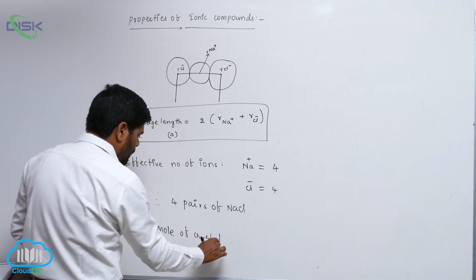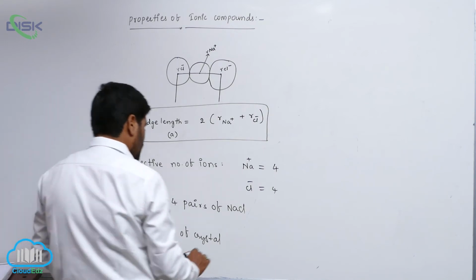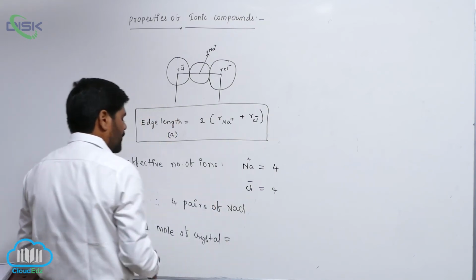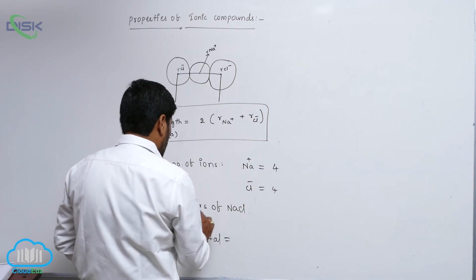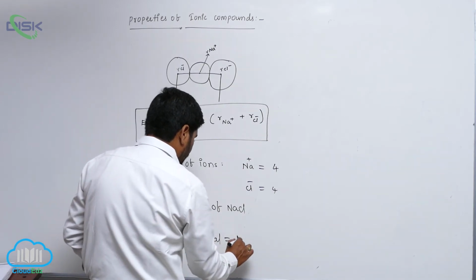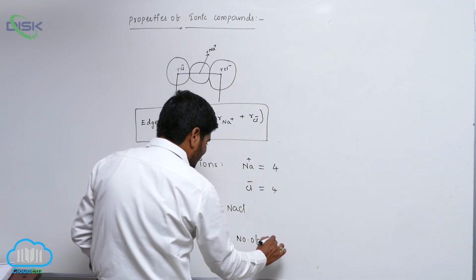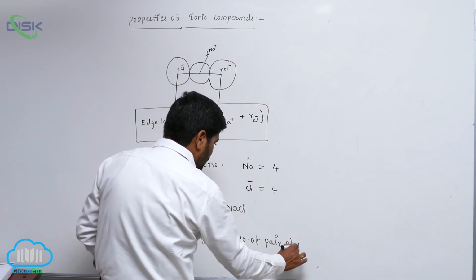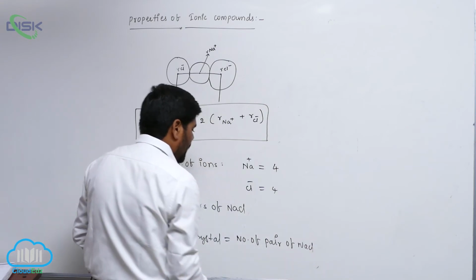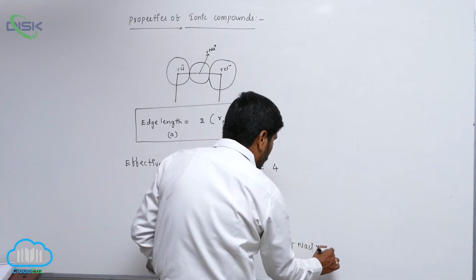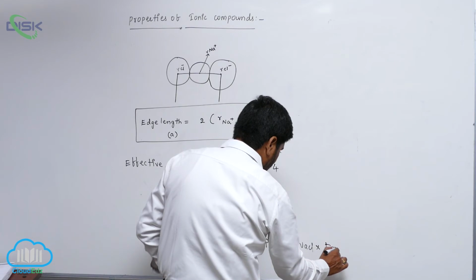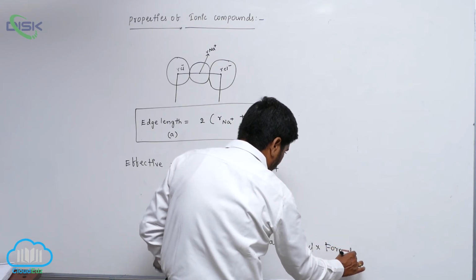1 mole of sodium chloride crystal contains the number of effective ions, or number of pairs of sodium chloride, into the formula weight. Which weight? Formula weight.